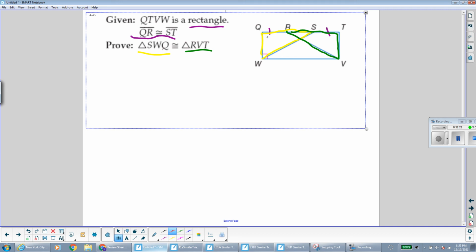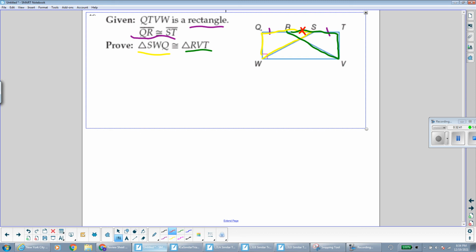So to get the full yellow side QS, I need to take QR and add RS to it, and that will give me QS. And to get the full side TR of the green triangle, I need to take TS, add RS to it as well, and then I get the full side of the triangle TR.